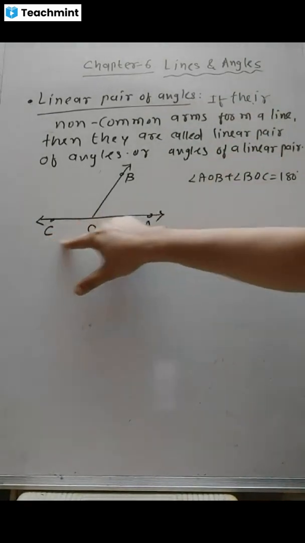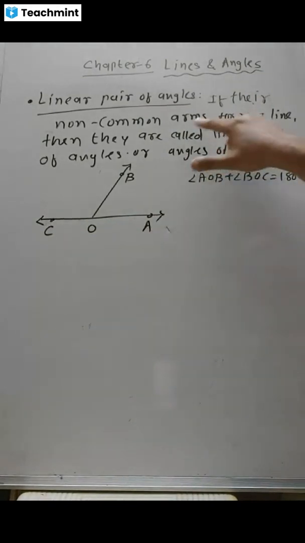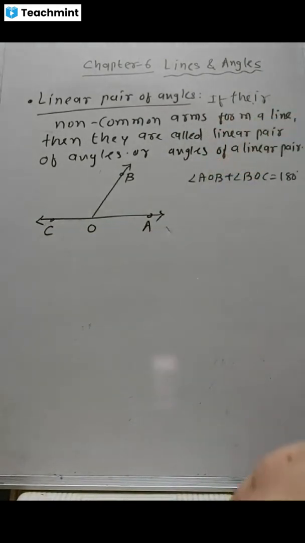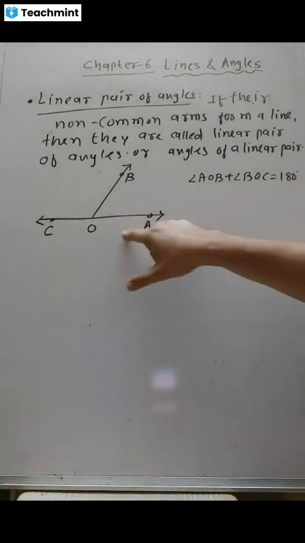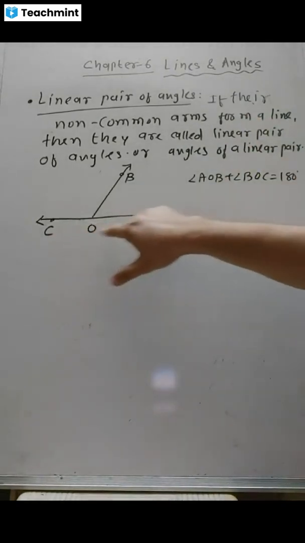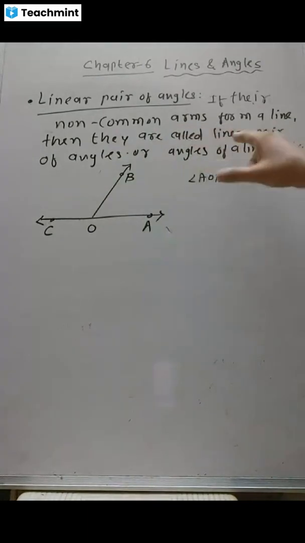If the non-common arms form opposite sides, then they are called a linear pair of angles, otherwise angles of a linear pair.